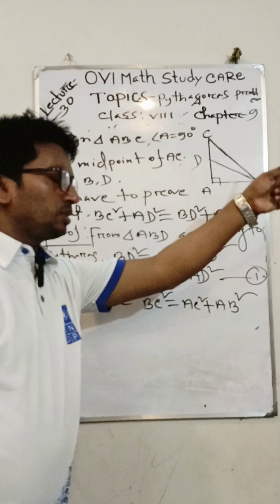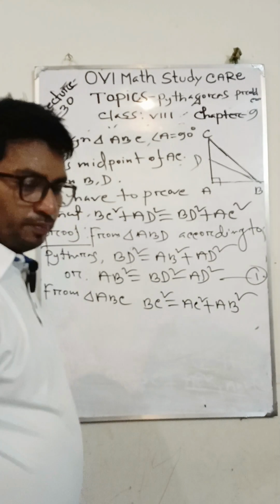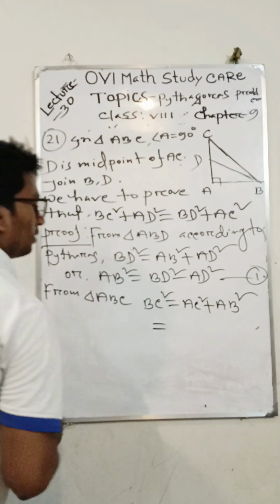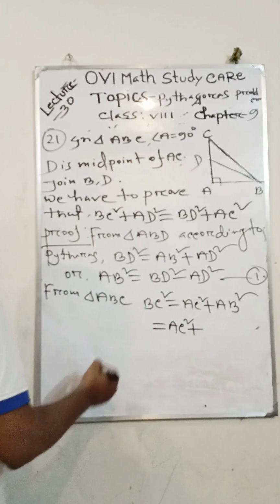This is the same. Now we put the value of AB square in AC square plus AB square.